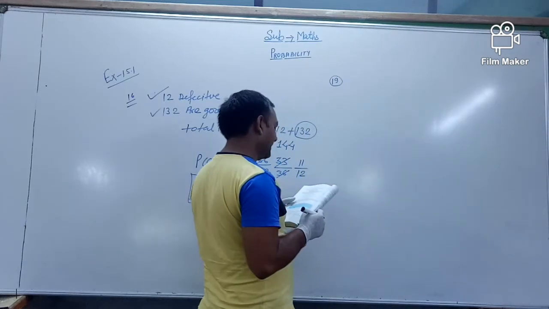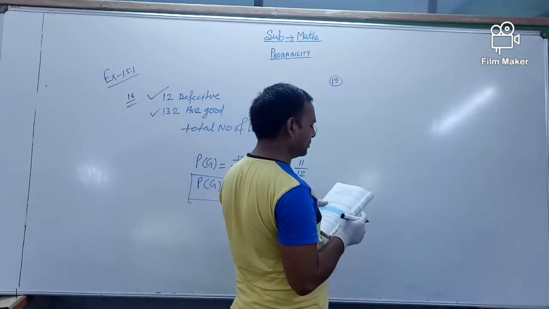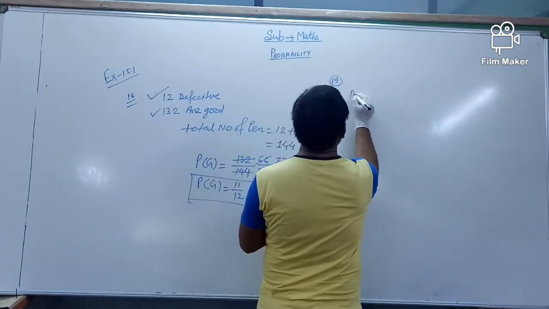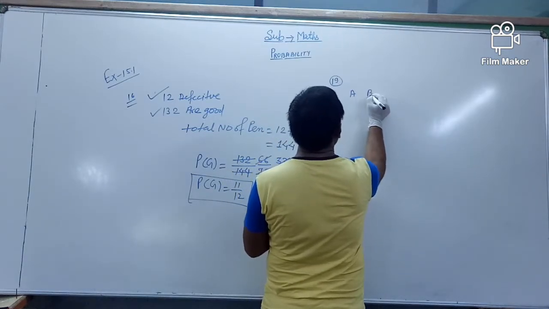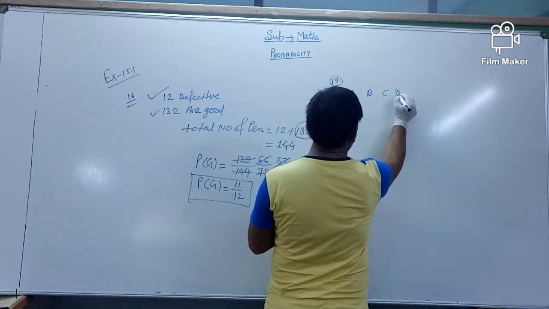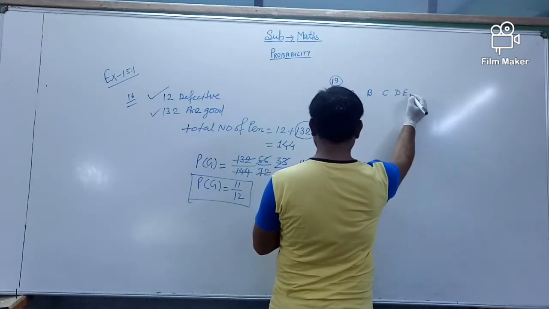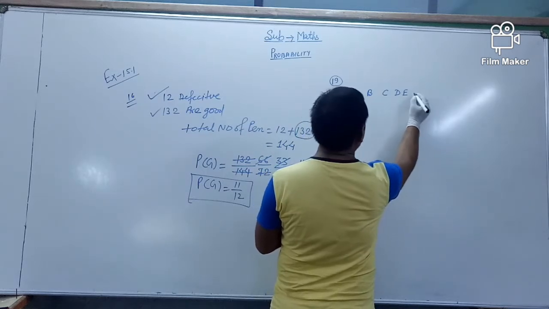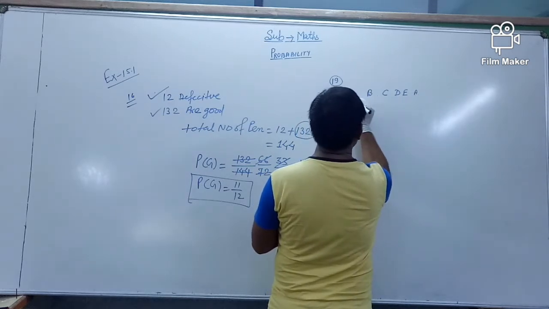A child has a die whose 6 faces show the letters given below: A, B, C, D, E, and then A. These are the faces.